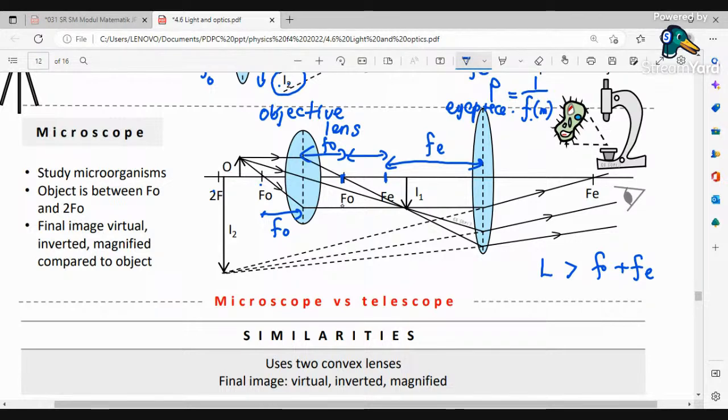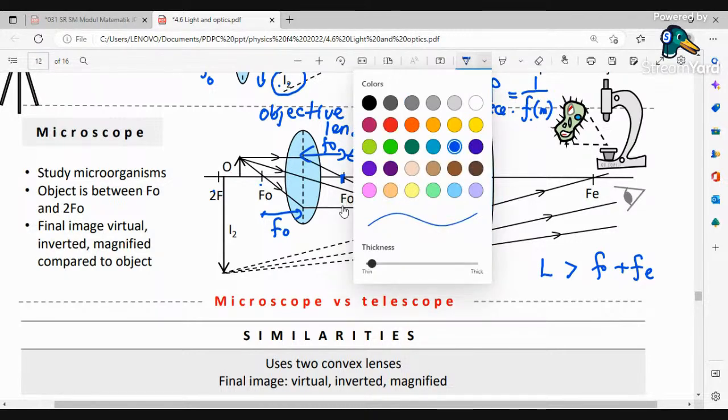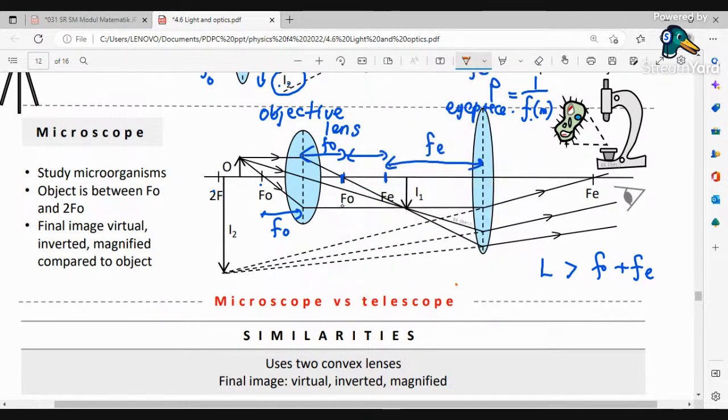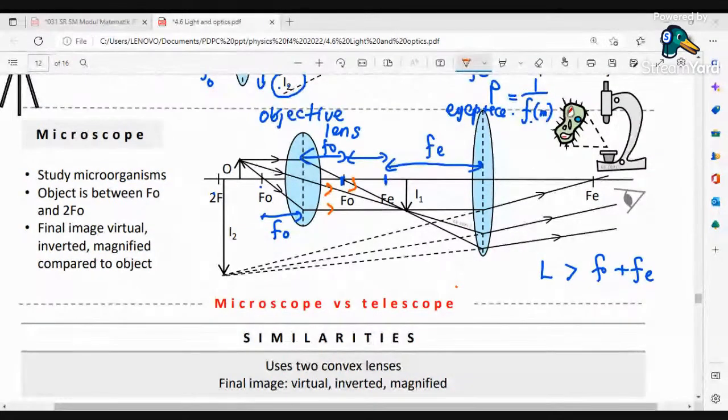Okay, so kita dapat macam tu. Ya, ini, ini, ini. Okay, nampak. So ini ialah light ray after passing through the objective lens.